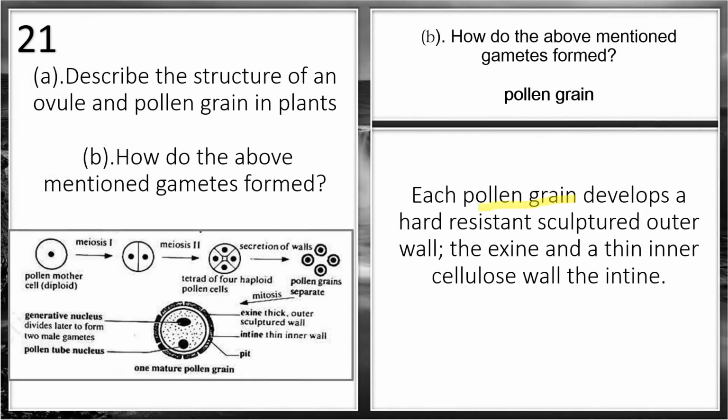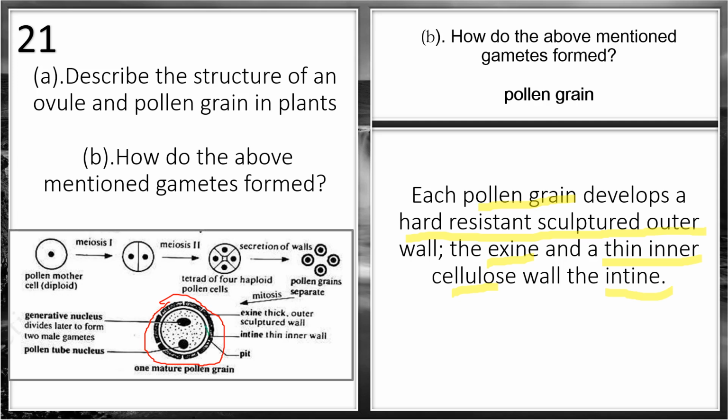Each pollen grain develops a hard resistant sculptured outer wall, which we call the exine, and a thinner inner cellulose wall, which we call the intine. So when you look at our pollen grain here, the whole of this one is our pollen grain, and you can see it has the inner thin wall.